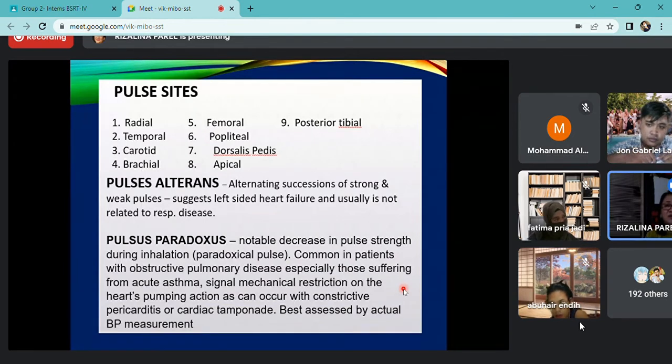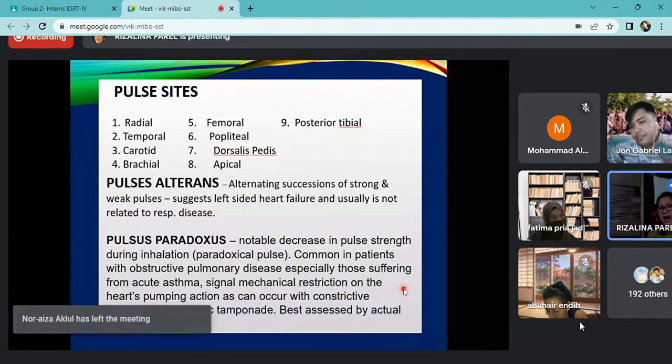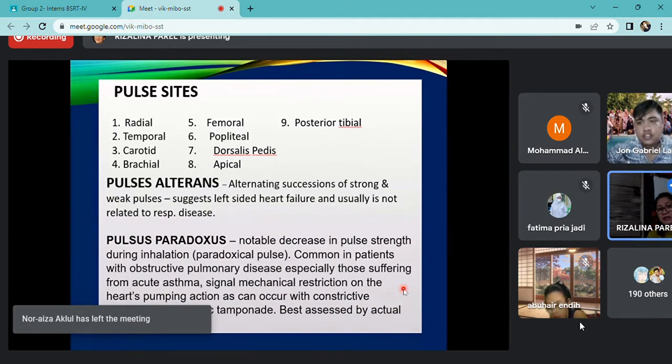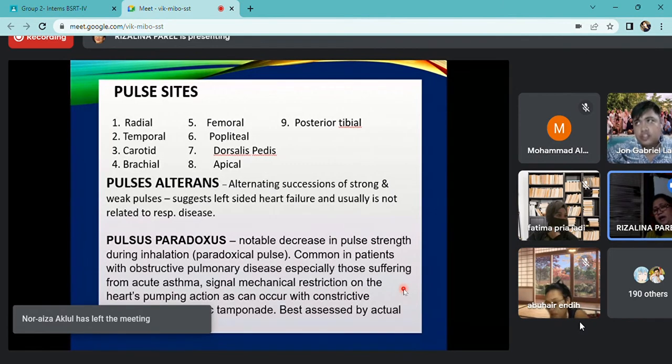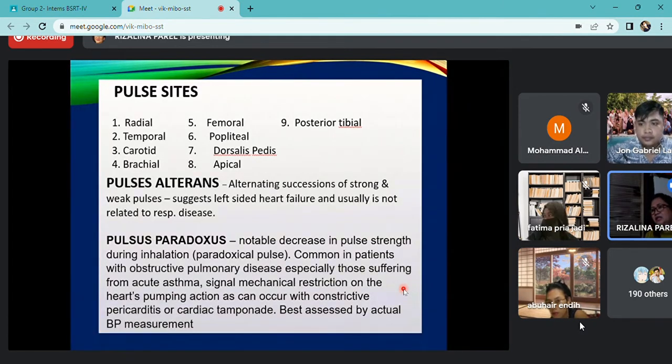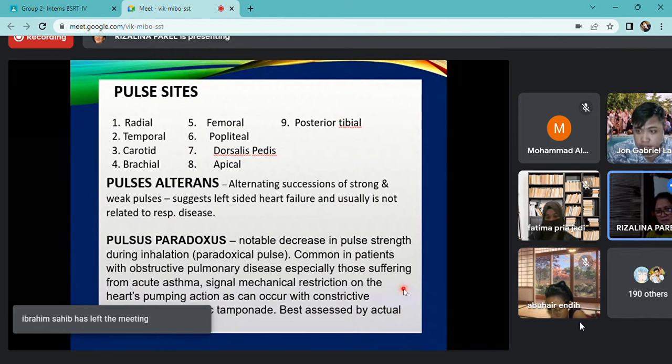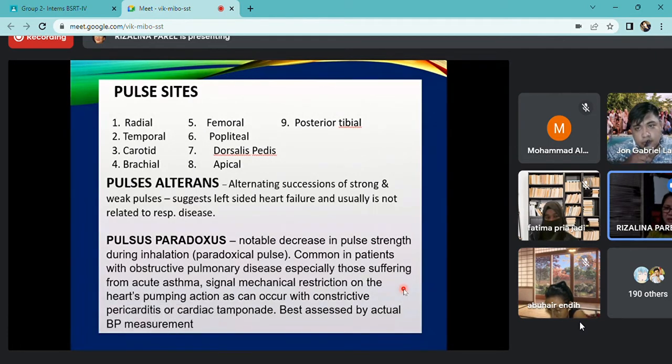Sa ibang libro, fourth, or sa ibang libro, between fourth to fifth ICS mid-clavicular line. Okay, so your PMI is located between the fourth and the fifth ICS mid-clavicular line. So diyan natin binibilang yung kanyang heart rate and yung kanyang pulse rate. Okay? So usually lumalabas sa board exam ay fifth ICS.